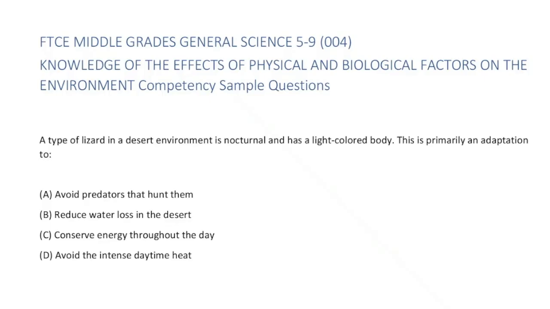Well, let's again take a look at the key words within our question. We are noticing that we are referring to a lizard here that's in a desert environment. It's nocturnal and it has a light-colored body. We know that these are all adaptations, but which strategy best describes what this adaptation is used for?